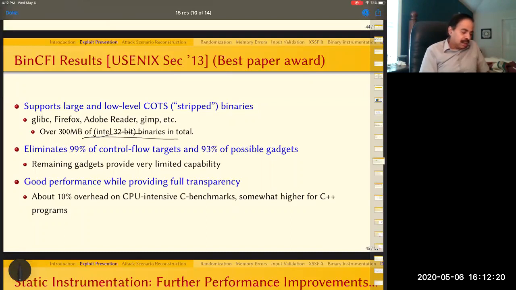And we showed that we can take large amounts of code and instrument them, and have pretty complex applications like Firefox and so on work correctly. We also showed that, unlike dynamic techniques, which have very high performance overheads, the static technique has quite low overheads. We also showed that the instrumentation is secure and so on.